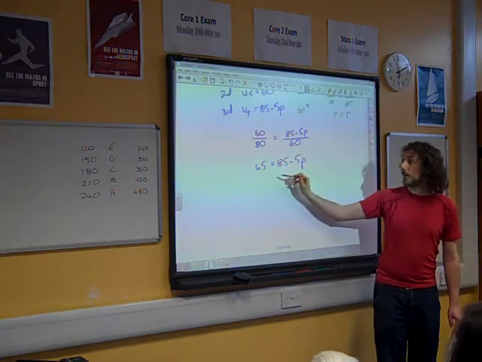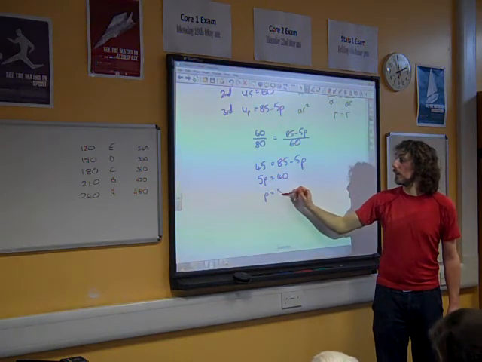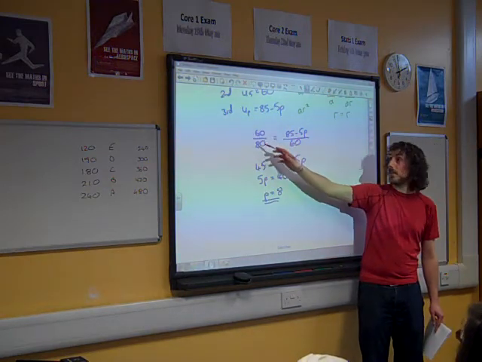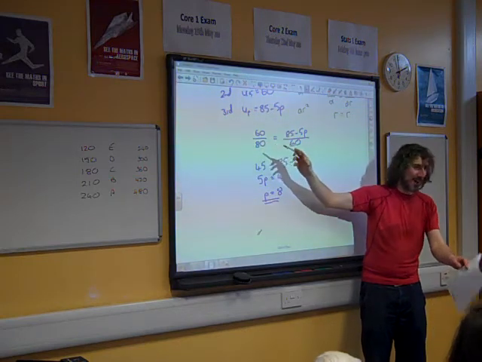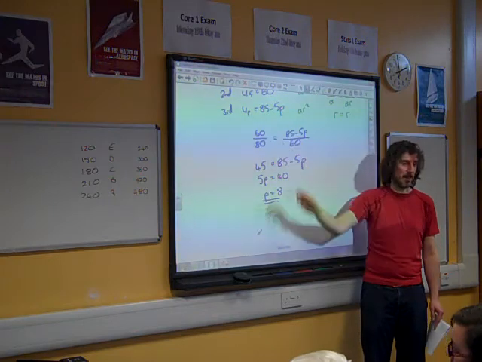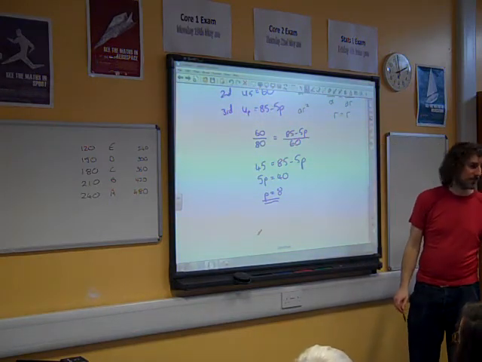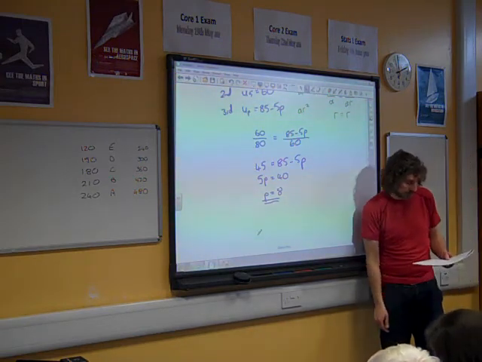And then rearranging this, we get 5p is 14... 360 over 8, which would be 45. If you do 60 over 80, then that's 3/4. That's an easy way of doing it. 60 over 80 is 3/4. Times by the 60 is 45. Okay, so we ended up with p as being 8.